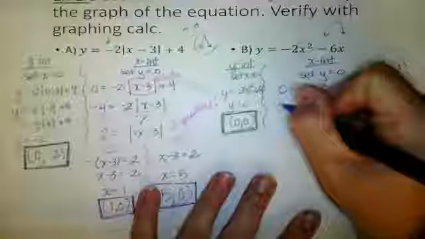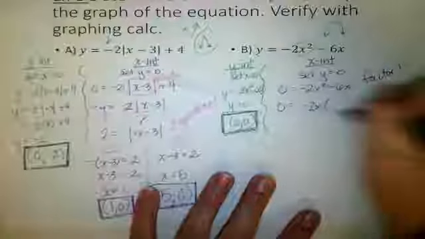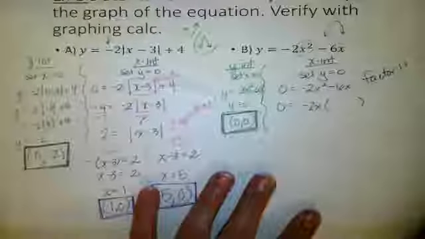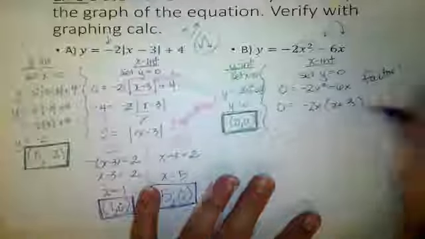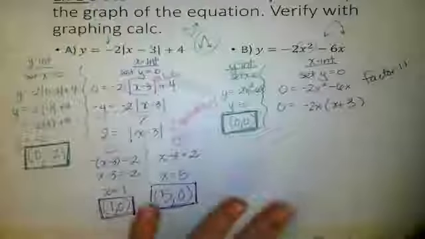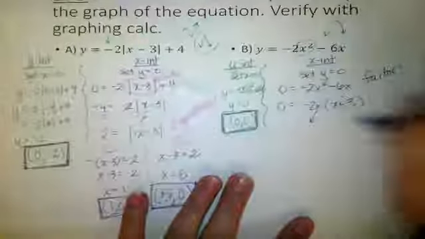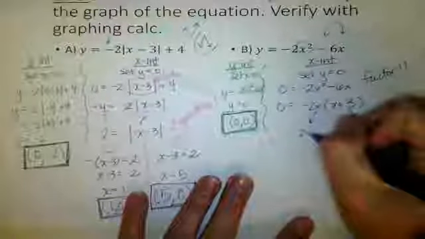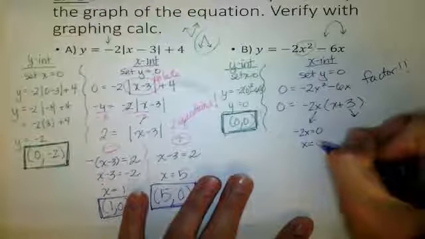So this has a GCF. What's the GCF? -2x. When you take out -2x, what's left behind? x plus 3. Good. And then how do you solve from there? Set each piece equal to 0. We get -2x equals 0, which means x equals 0.